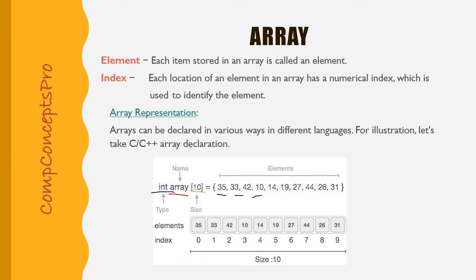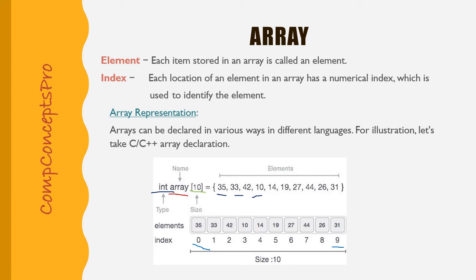That means there are 10 elements in the array. But as you can see here, the index or the subscript value starts from 0 and ends at 9. Although there are 10 elements, it starts from 0 and ends at 9.